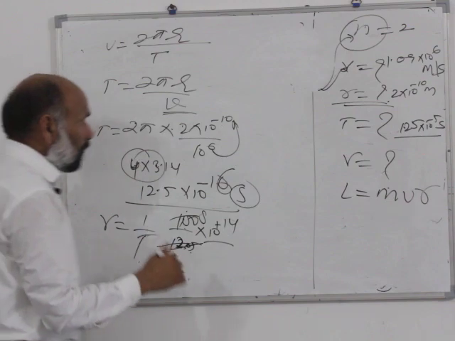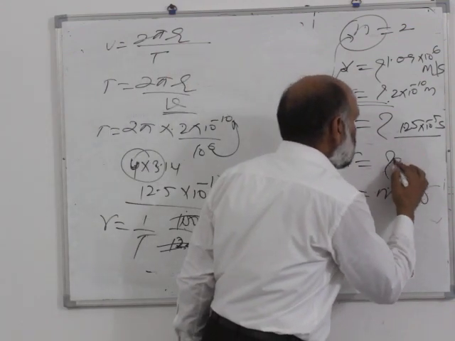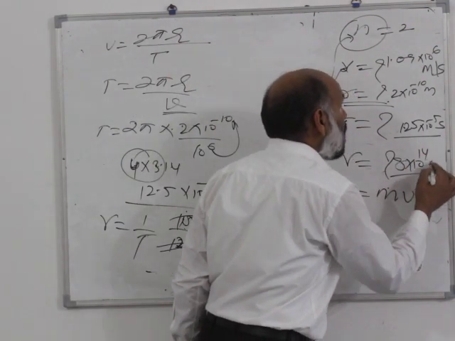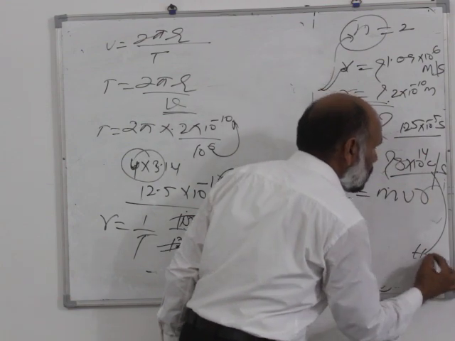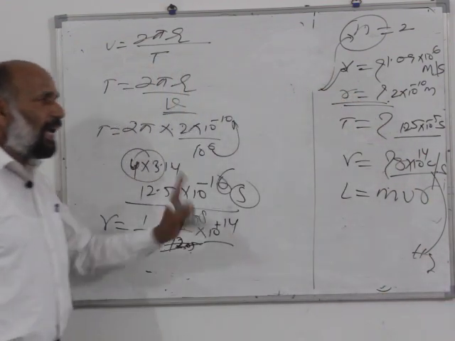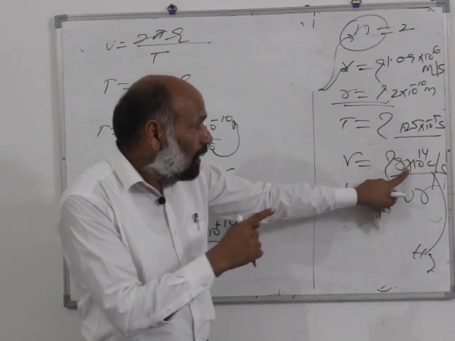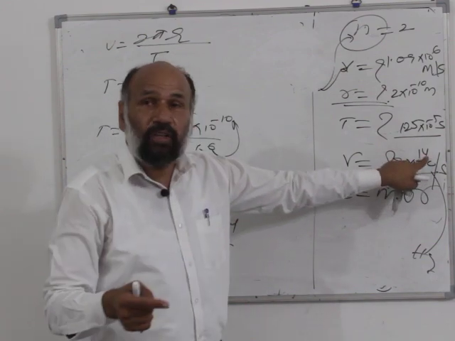So 8 into 10 to the power 14 around. So what is frequency? 8 into 10 to the power 14 cycles per second, that is called hertz. So this is the frequency in the second orbit. In 1 second the electron will revolve 10 to the power 14 times.